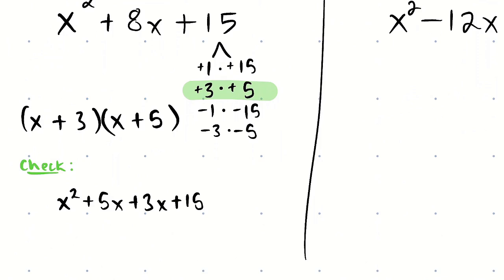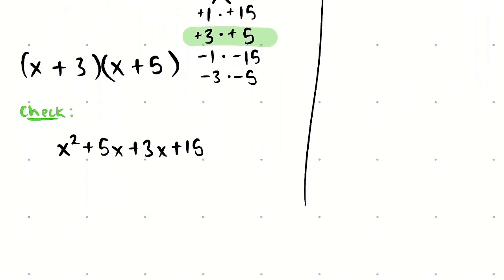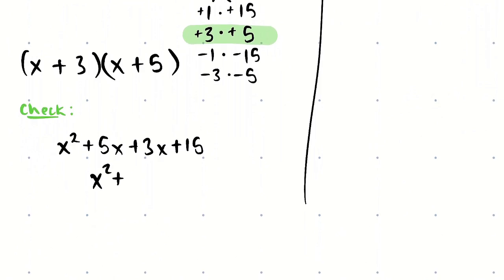Now you can see why the two factors of 15 have to add up to give you 8x, because once we combine like terms down here, we get x squared plus, combining those two, 5x plus 3x is 8x, and then positive 15.